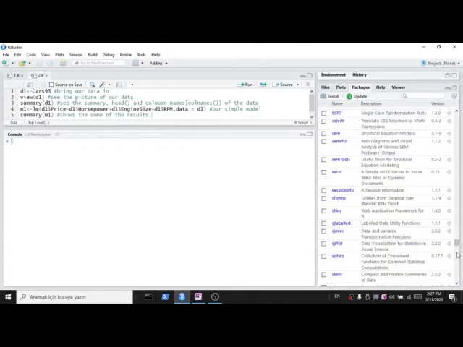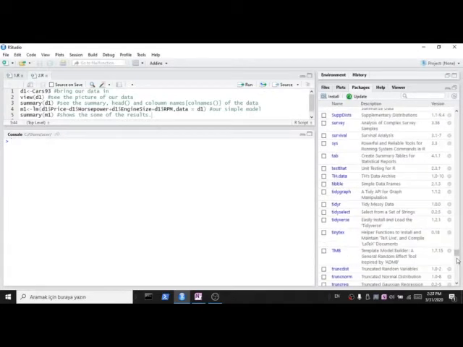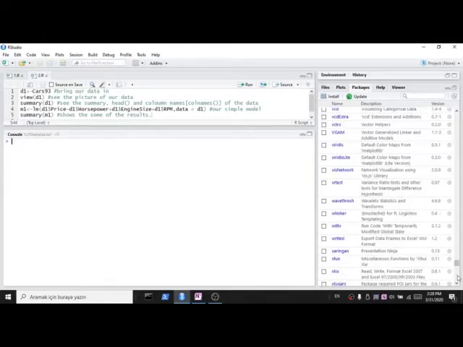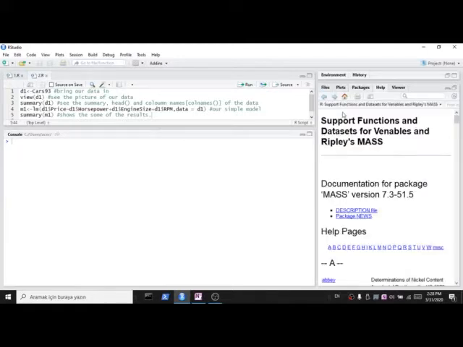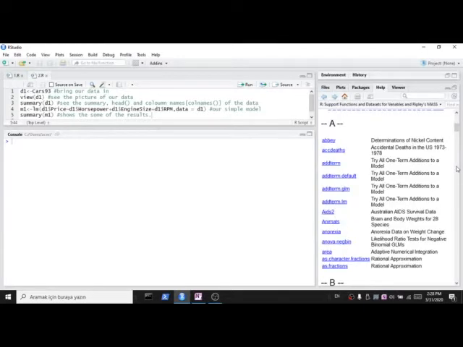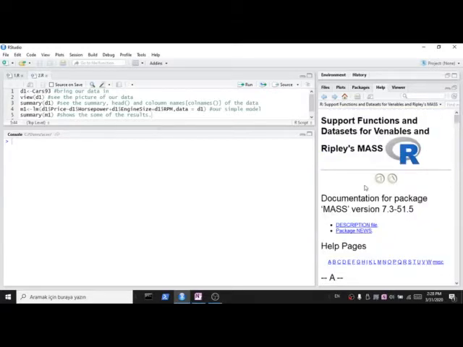You can either scroll and look for the packages that you're interested in, or you can search from the search pane, MASS. So there is MASS, and let's go to the help page of MASS. So what do we have here? Datasets, support for datasets, so it holds lots of datasets within.